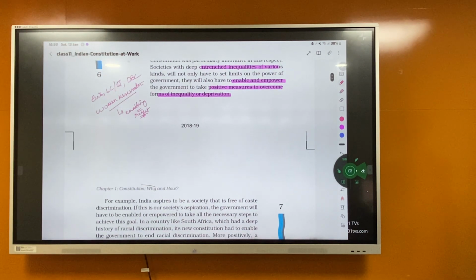And even the women's reservation, right now the bill which was passed in the parliament, right? 33% of women reservation will be there in the parliament. So this was passed recently. This is also a positive measure which the government has taken so that women have equal representation, not equal, at least 33%. Because we have some issues: after Indira Gandhi, I don't think anybody was a woman prime minister.